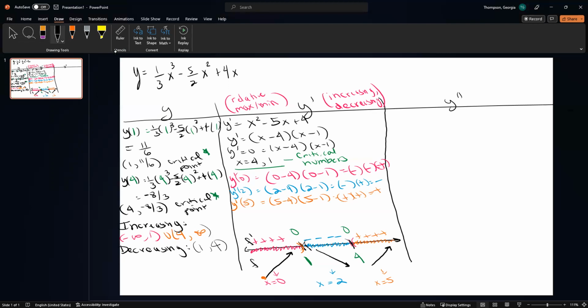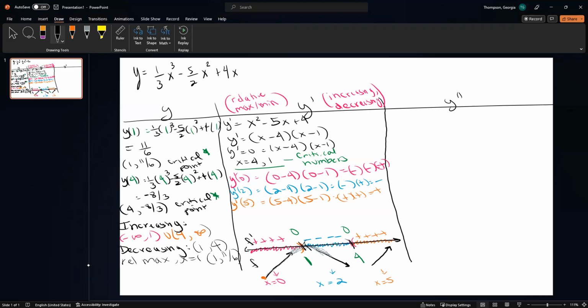Okay, and then we can also determine where we have our relative max and where we have our relative min. You can see here at this x equals 1 point, if you're going uphill and then you switch to downhill, you have a mountaintop, which means that we're going to have a relative max at x equals 1, which was the point 1 comma 11 over 6.